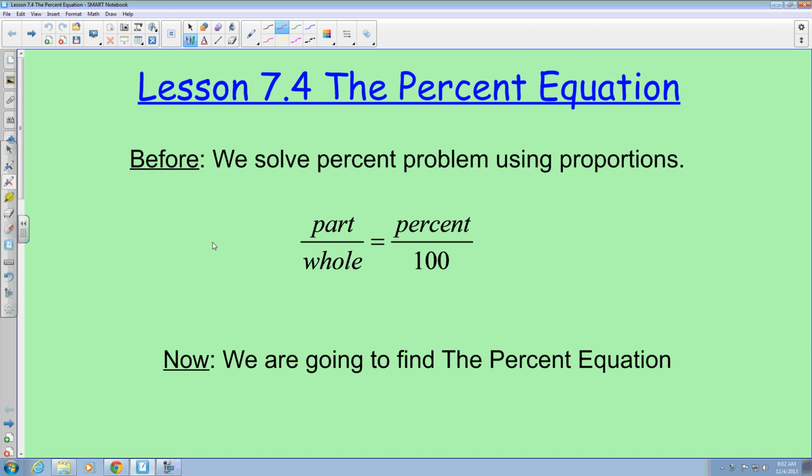So this is how we write that proportion for the percent equations. It's the part divided by the whole equals the percent divided by 100. The reason it's percent over 100 is because the value of the percent is always a ratio of that number over 100.